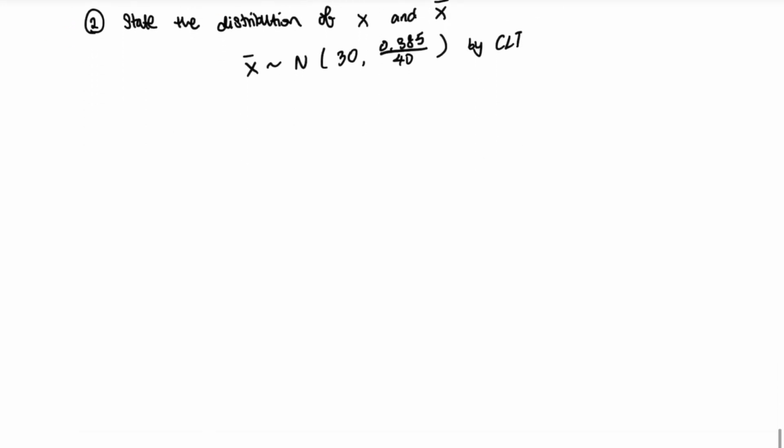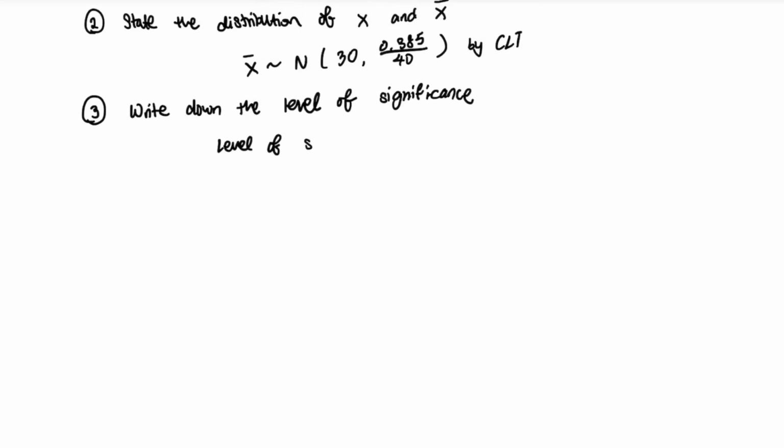Next one would be to write down the level of significance. This helps you to keep track of what is the region that we're looking for. For example, your level of significance is at a 1% level.